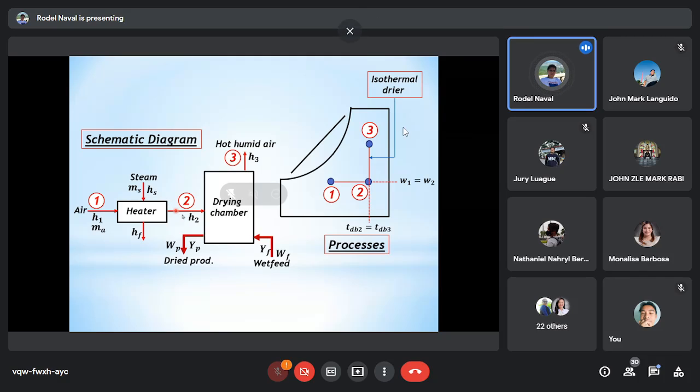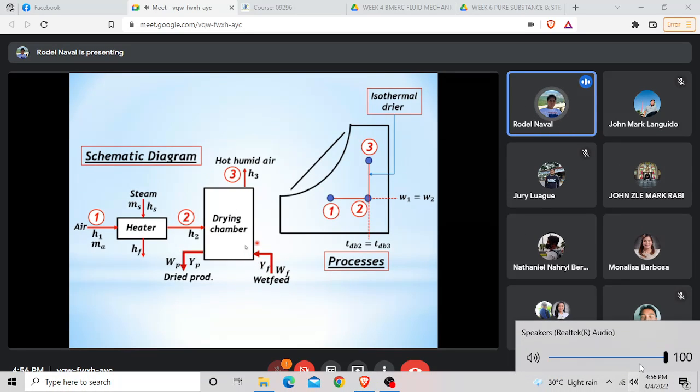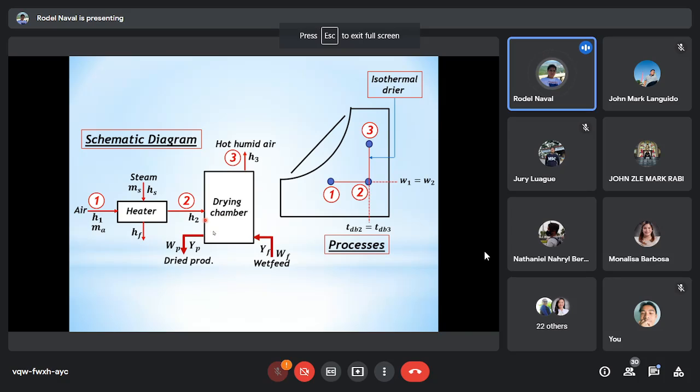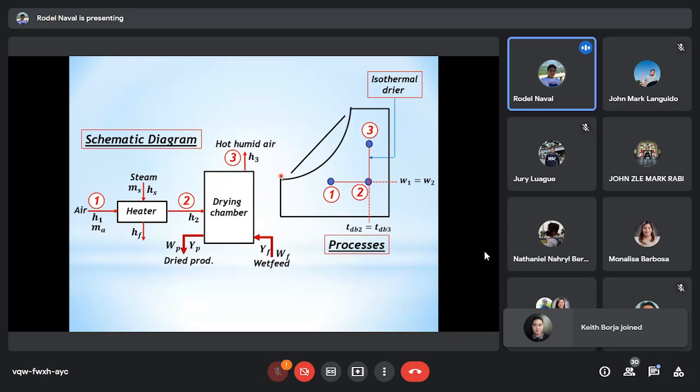It is mixed here with the wet feed. So most probably, the air temperature will decrease and its humidity will increase, since it absorbs the moisture from the material. That is the hot humid air. So the air cools and the humidity ratio increases. We call this cooling and humidifying. So at 2 to 3, the temperature decreases and the humidity increases. Again, that is cooling and humidifying.